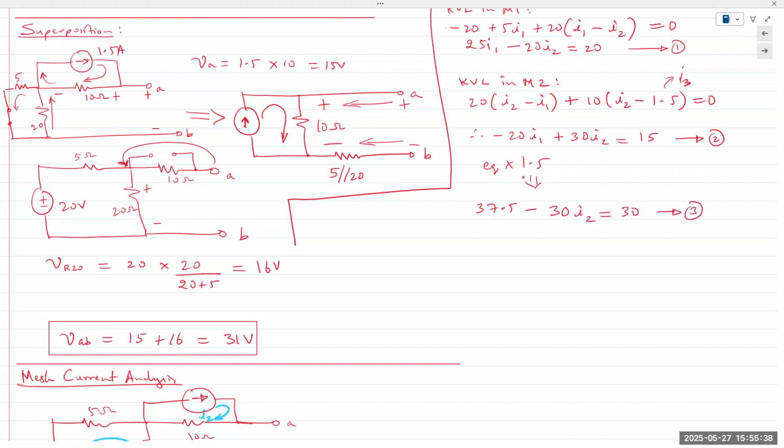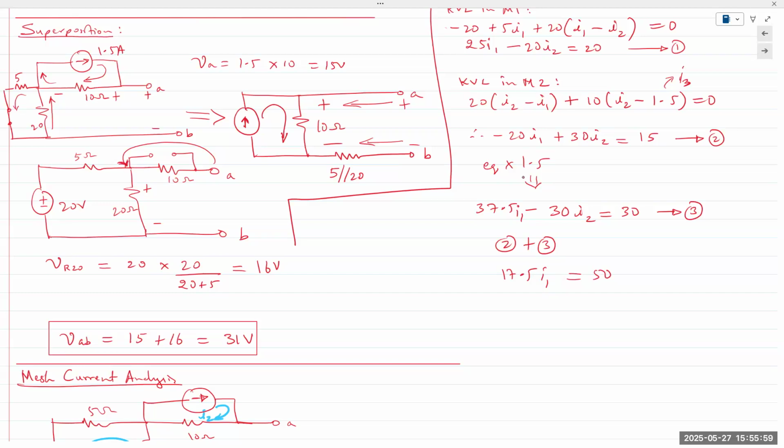I do this manually. Call this equation 3. Equation 2 plus 3 gives me 17.5 I1 is equal to 45.